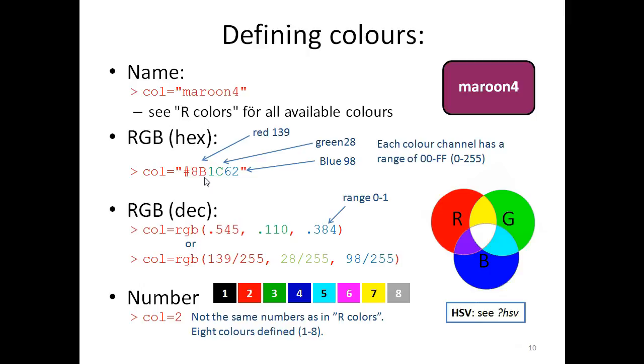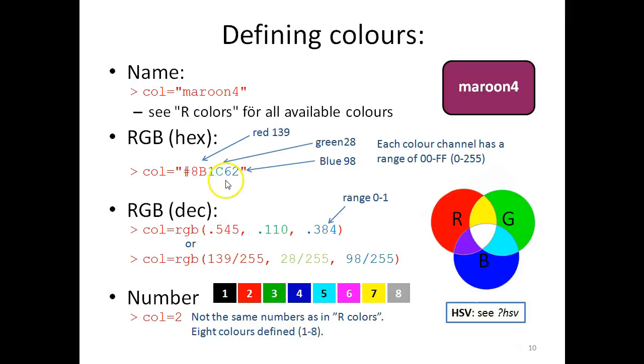Hexadecimal is where you don't only have the digits 0 to 9, but you also have A, B, C, D, E and F. So in this case, the color maroon 4 would have these color codes, and that would translate into 8B1C62 hexadecimal. So it's a bit complicated.